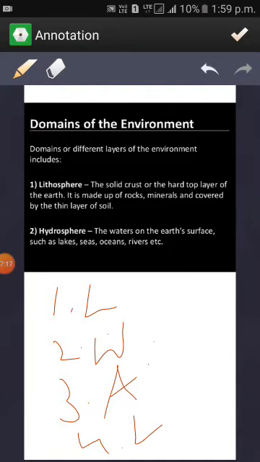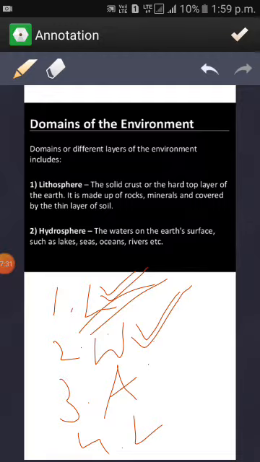The domain of the earth comprising land is called the lithosphere. The second domain is the domain of water, we call it hydrosphere. The third domain, that is the domain of air, is called the atmosphere.